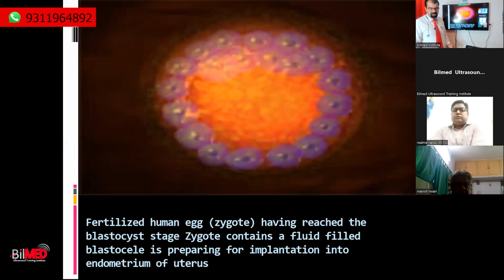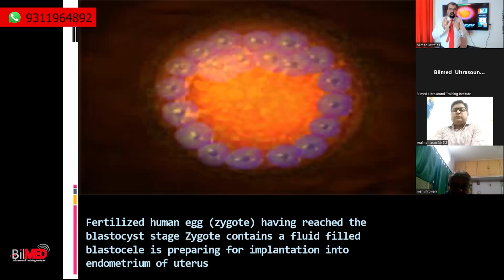Now, this fertilized human egg is called a zygote, which has reached the blastocyst stage. The zygote contains fluid, and this is called a blastocyst and is preparing for implantation in the endometrial cavity.